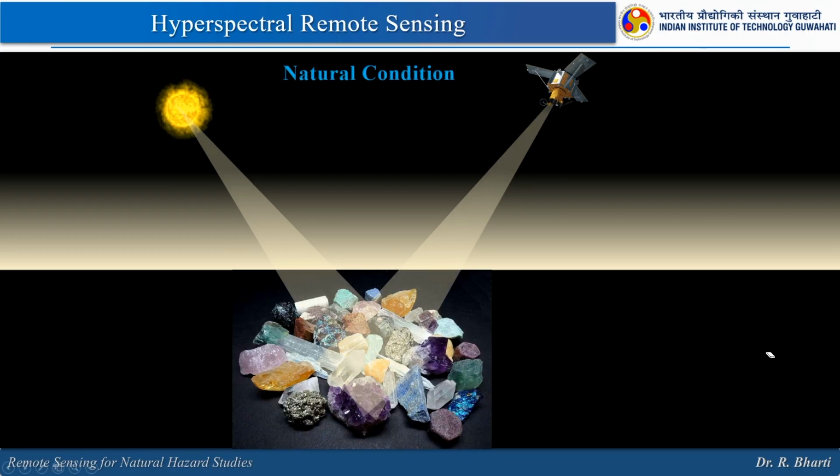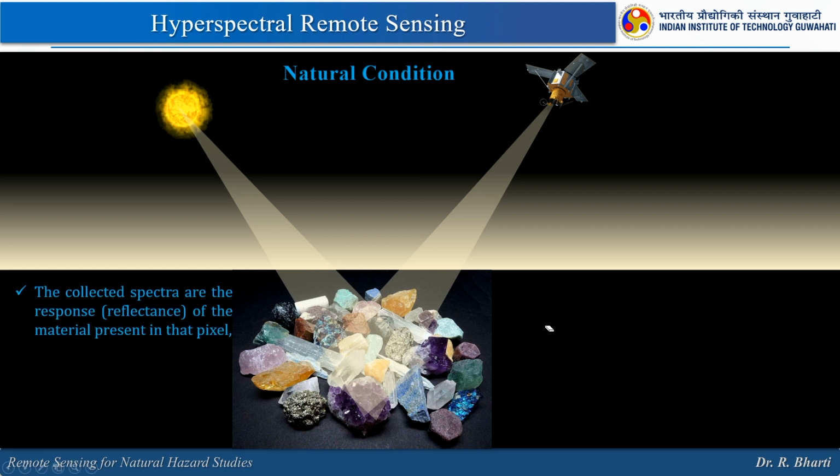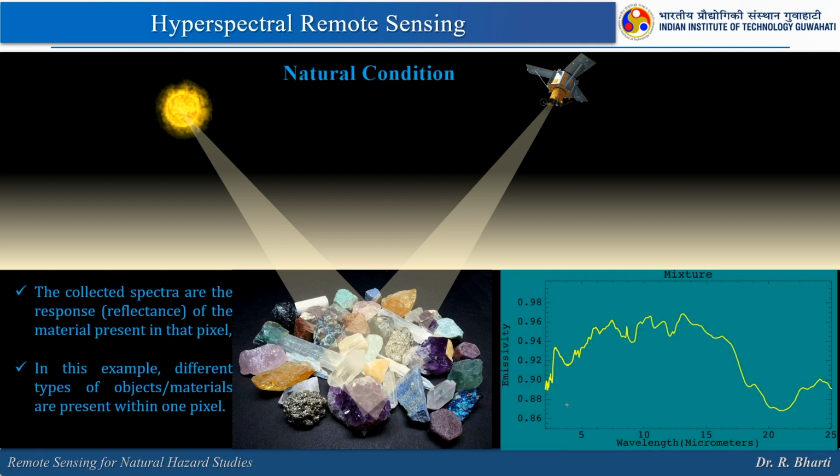But in another condition or the natural condition, this is the scenario where 1 pixel is having so many object or material and they are available in different orientation and geometry. So, what will happen? In such situation, you will find this kind of a spectra, and this will be a mixture of all X, Y, Z, A, B, right.